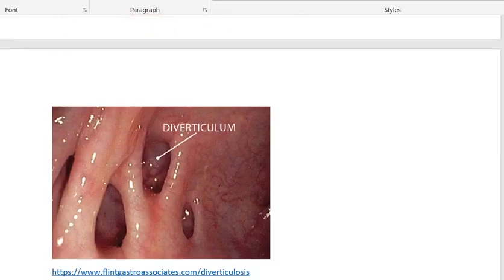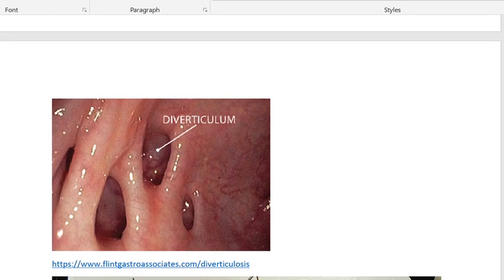Let's look, this is actually a real picture of inside the colon, and you can see how it's supposed to be nice and smooth here, but yet there's like little craters or little caves in there where that stool is going to get in there and sit and cause an infection. So we've got to be very careful.